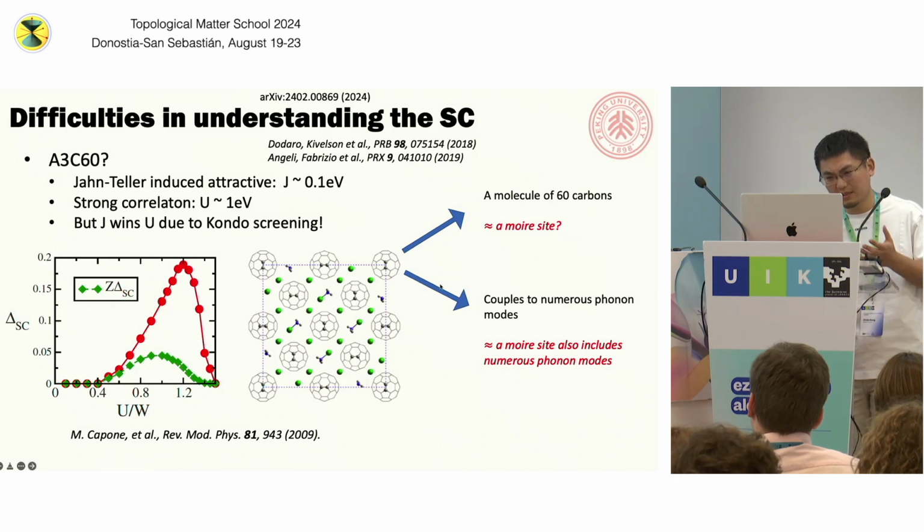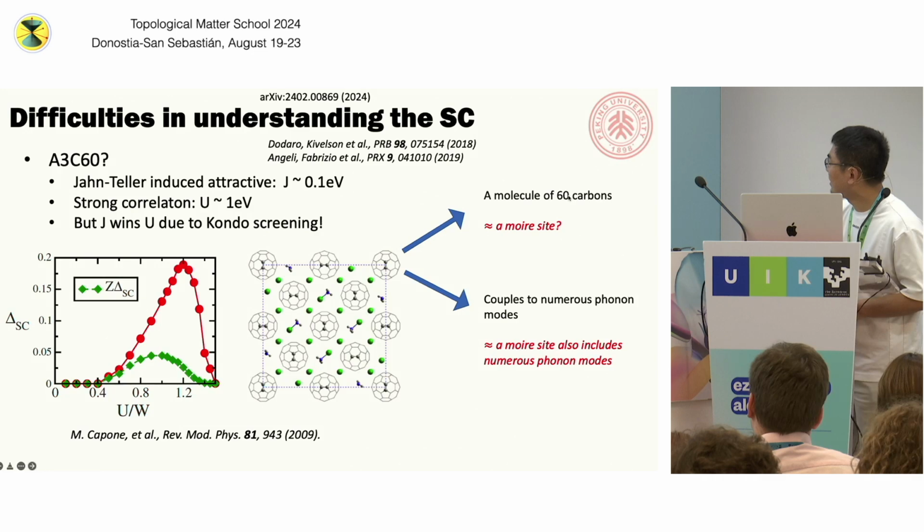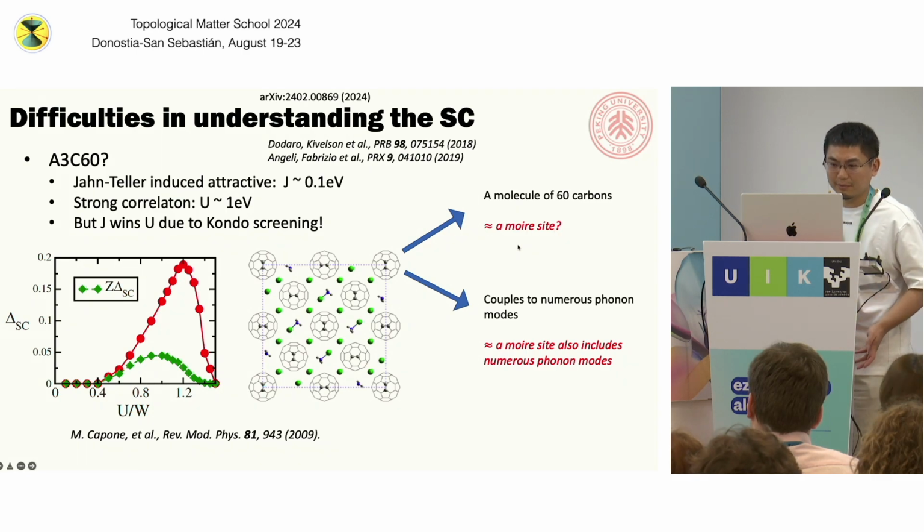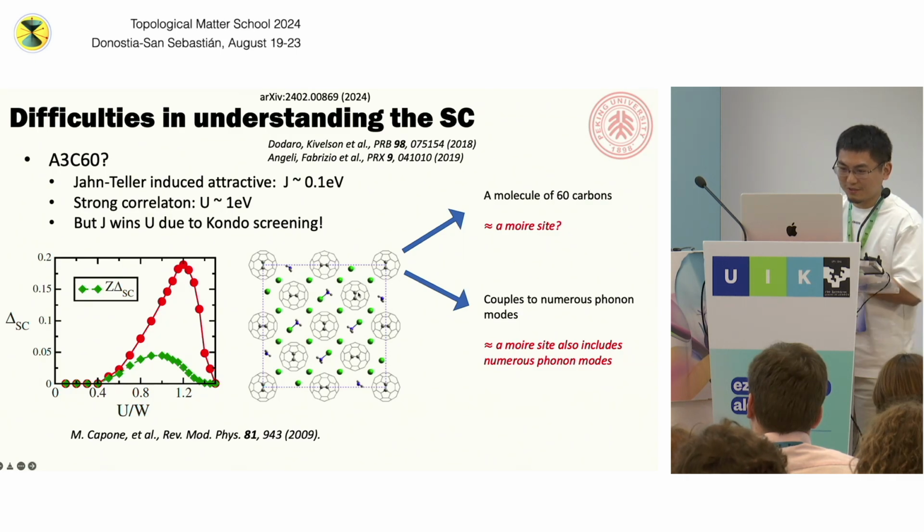So I think this system is quite similar to twisted bilayer in the sense that in twisted bilayer, a unit cell is like a moiré site, and it consists of hundreds of carbon atoms. So it's very similar to a cage. A cage is also formed by many carbon atoms.